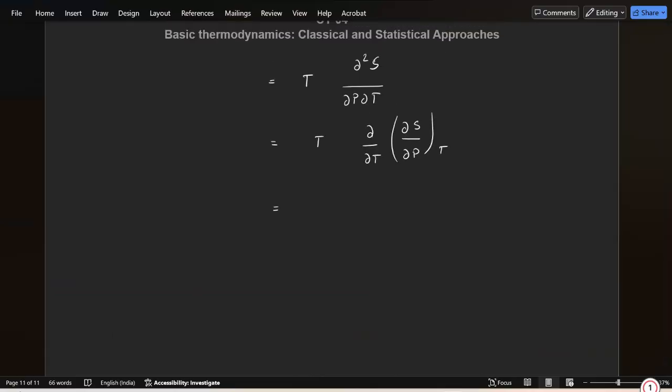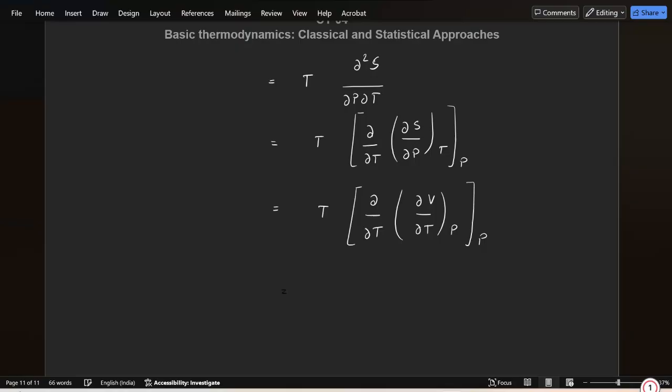I forgot this pressure. So we are substituting the Maxwell relation. So it is del by del T of del V by del T at constant pressure. Again, another constant pressure over here. So both are constant pressures and both are del T's.